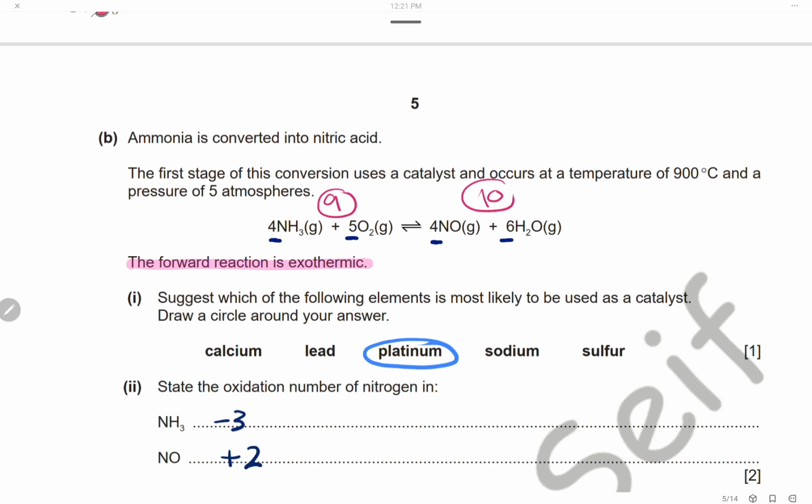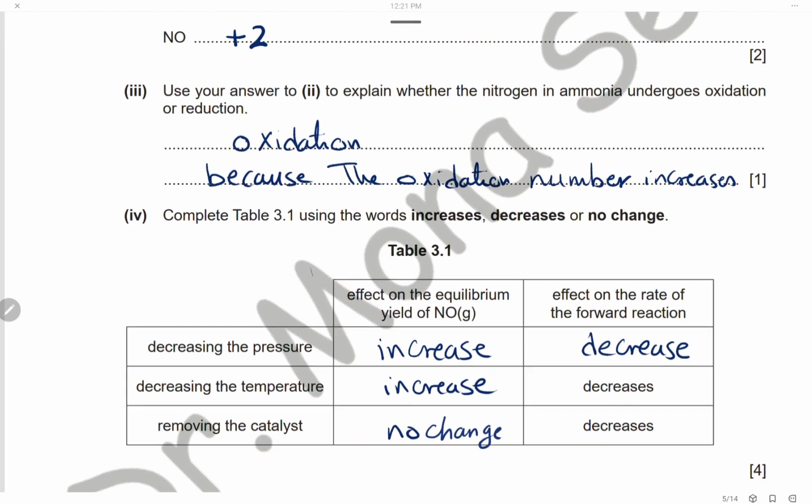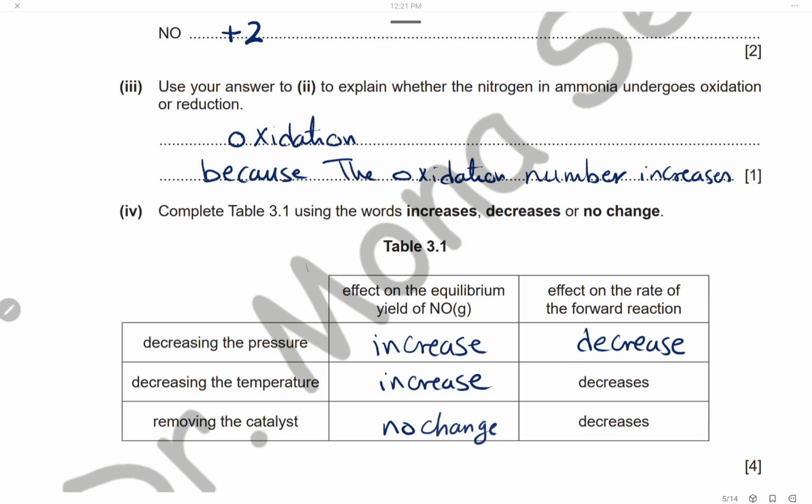So of course, decreasing pressure will shift the position of equilibrium toward the right, because the right has a higher number of molecules. That will increase the equilibrium yield of nitrogen monoxide. So the answer here will be increases. Decreasing the pressure will increase the equilibrium yield of nitrogen monoxide.